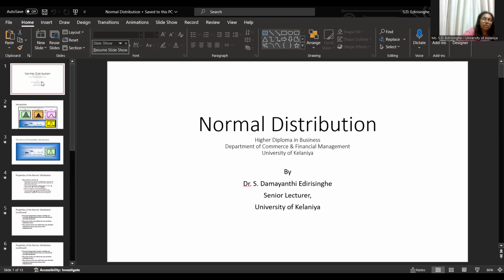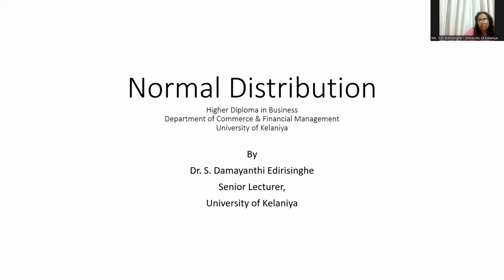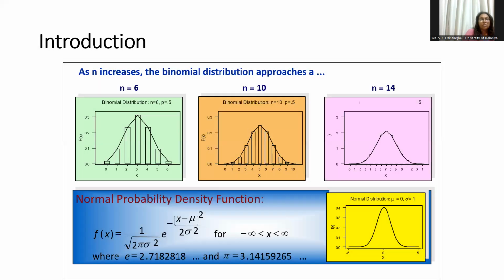We look at three distributions. Actually, we gave attention to Bernoulli trials and binomial distribution. After that, we move to Poisson distribution. Let's see now if we have number of items or sample size or number of cases.